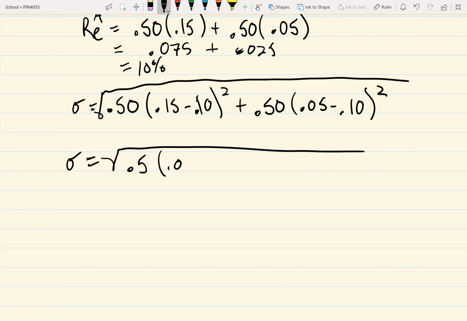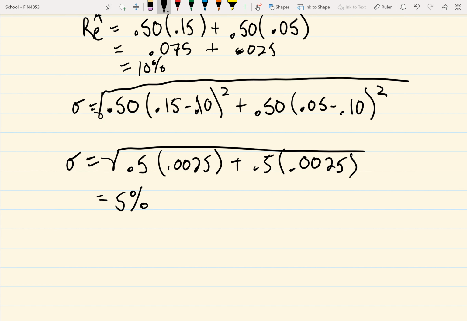And if you notice, the 15 and 5 are the same distance from the expected return, or the weighted average return, of 10. So you notice that each contributes the same amount, 0.0025, to the volatility or the risk. So all of this works out to 5%.